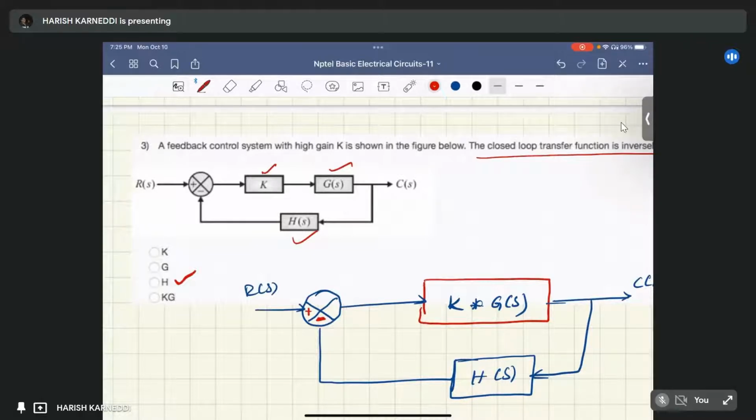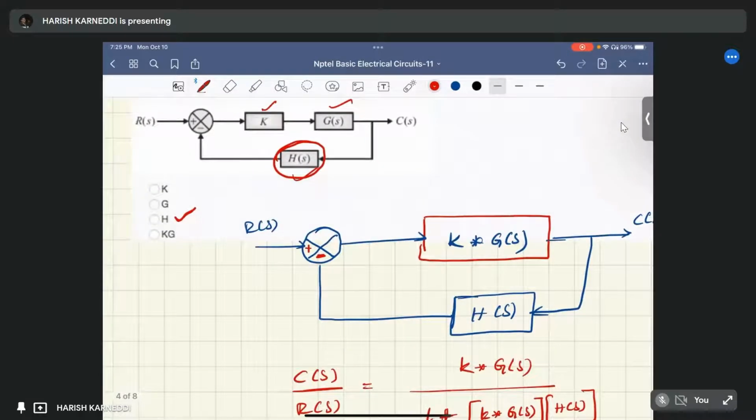It means the feedback gain is inversely proportional to the closed loop transfer function. It means the gain of the feedback path will most affect the closed loop transfer function.